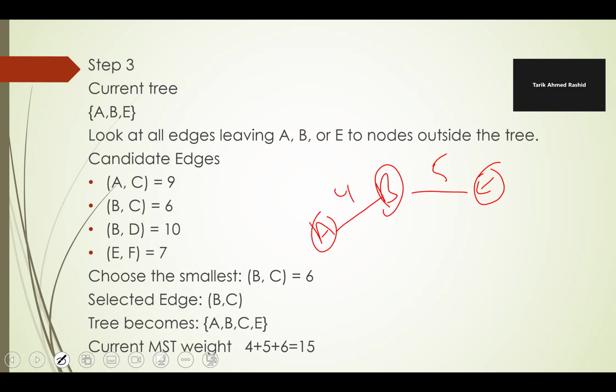And now we have A to C 9 from the original diagram. B to C is 6, B to D is 10, and E to F is 7.